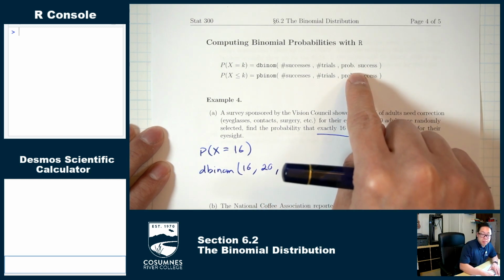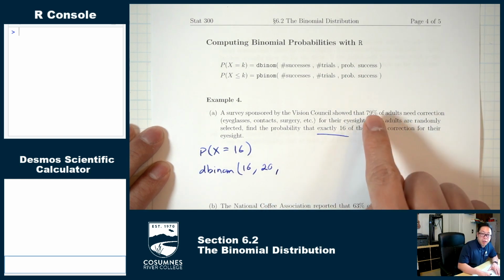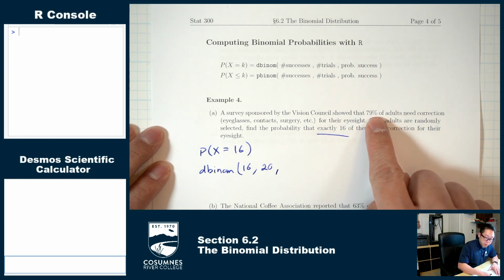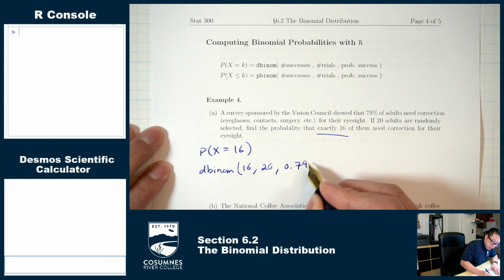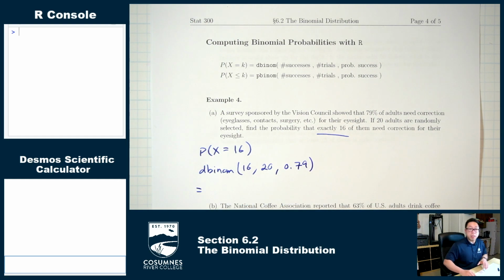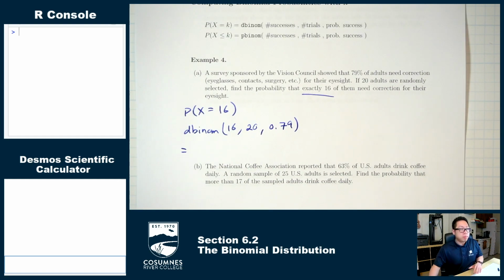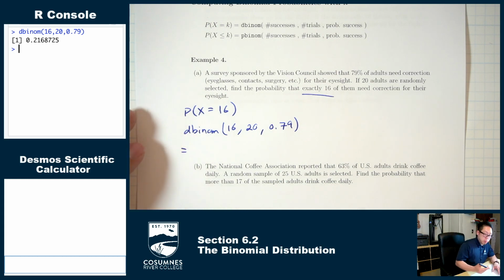Probability of success, 79%, but you need to convert it to a decimal. So 79% as a decimal would be 0.79. And then you're going to type this into R: dbinom, parentheses, 16, comma, 20, comma, 0.79. And our answer is 0.217. So that's rounded to 3 decimal places.